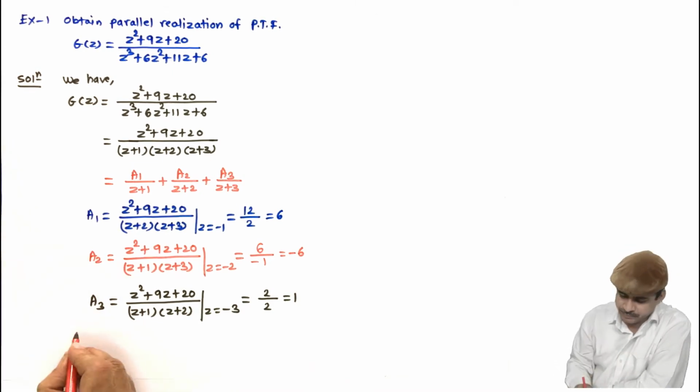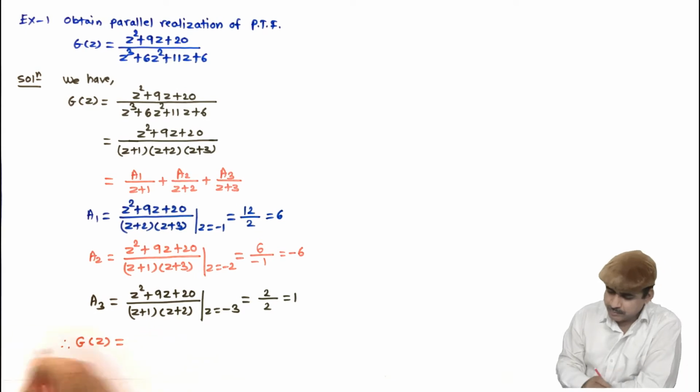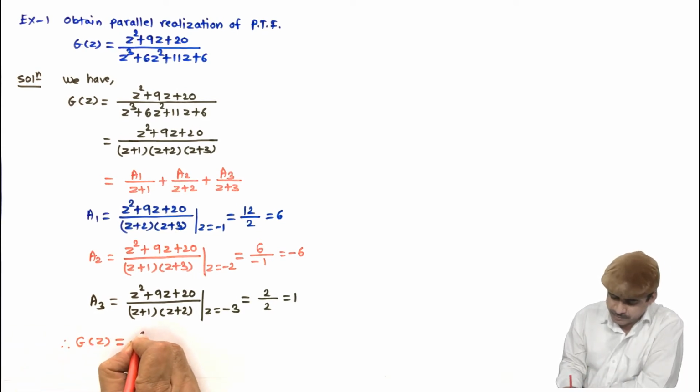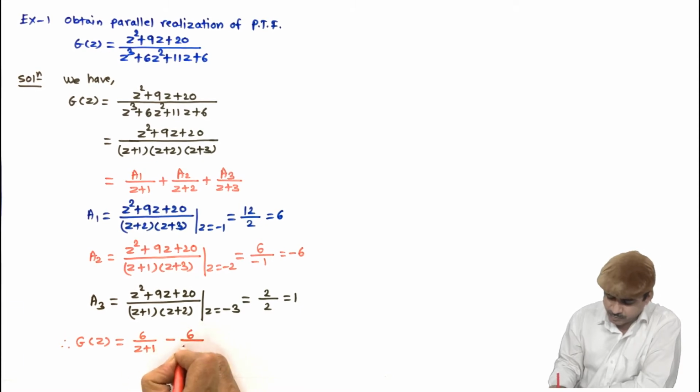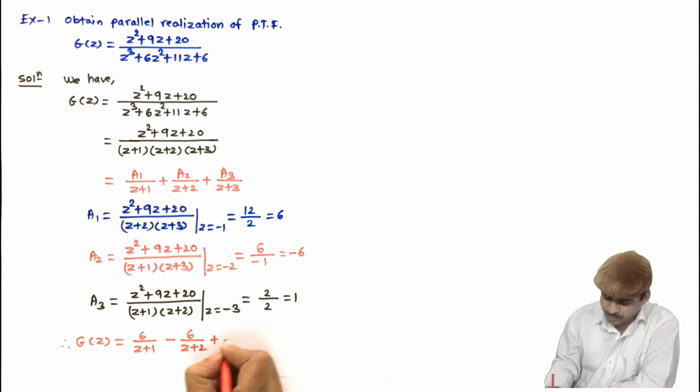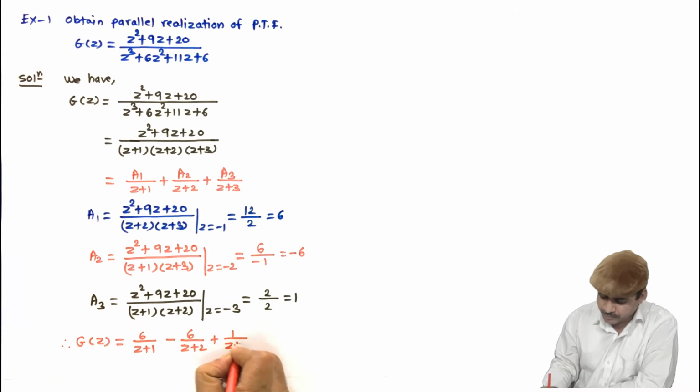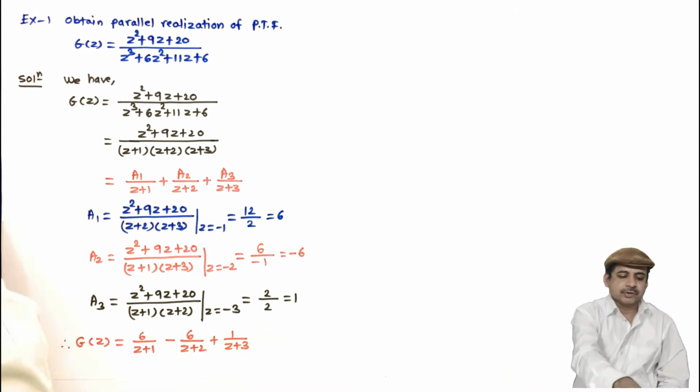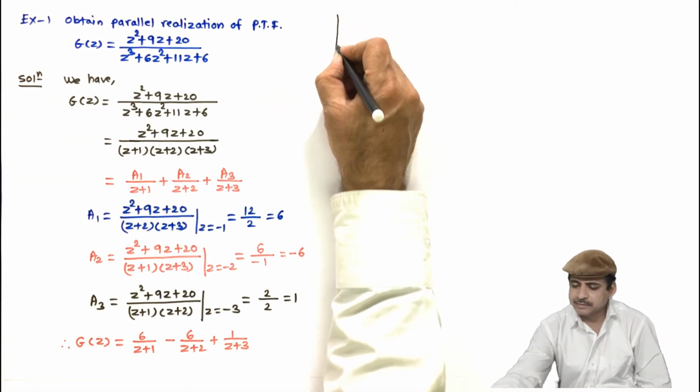And that means the transfer function will be 6 upon z plus 1 minus 6 upon z plus 2 plus 1 upon z plus 3. So groundwork has been done.